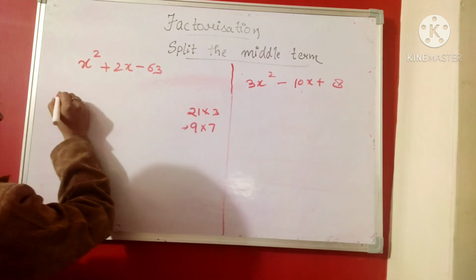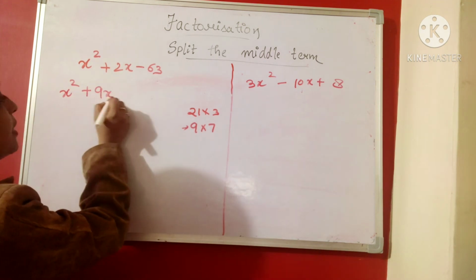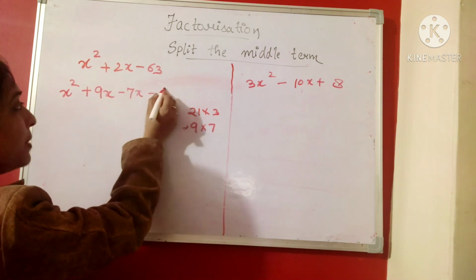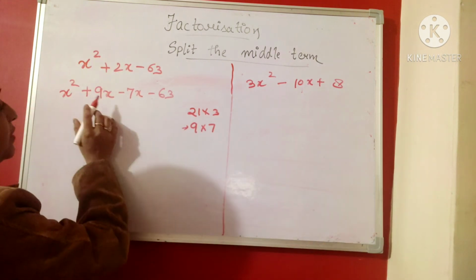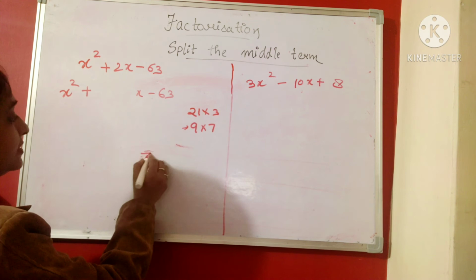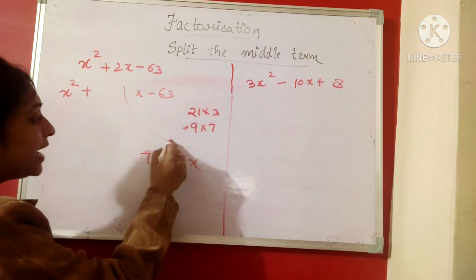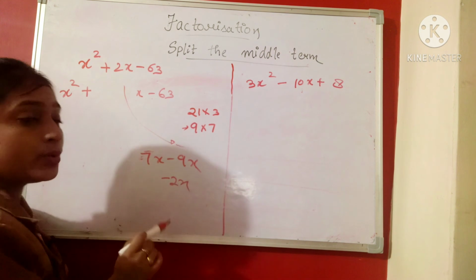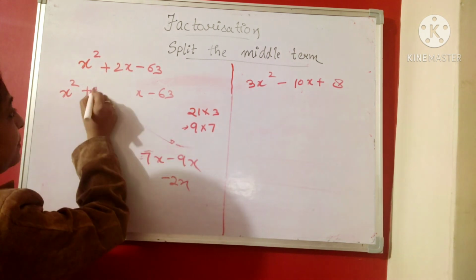Now let's start. x square plus 9x minus 7x minus 63. Here one thing has to be kept in mind. We will not write 7x minus 9x. Why? Because if we write this, we will get minus 2x, but here we have plus 2x. So this has to be kept in mind.